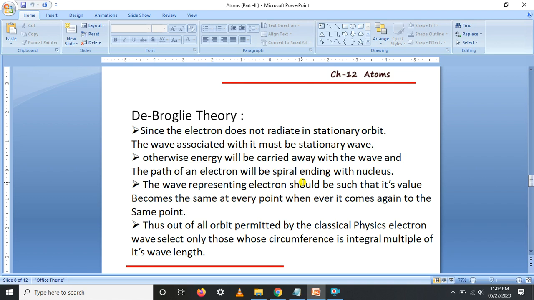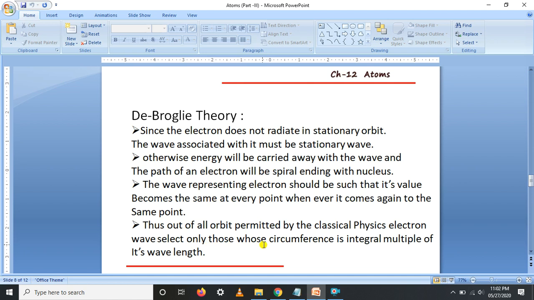Then next one: out of all orbits permitted by classical physics, electron waves select only those orbits where the circumference is an integral multiple of its wavelength.